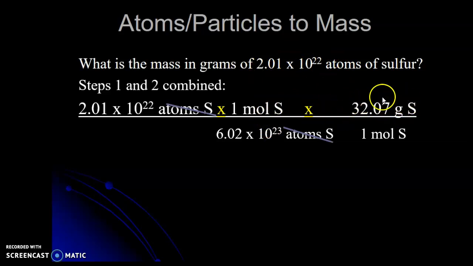And then the molar mass of sulfur is 32.07 grams, so that your moles of sulfur will cancel the mole of sulfur. So what you have left is 2.01 times 10 to the 22nd power times 1 multiplied by 32.07 grams of sulfur divided by 6.02 times 10 to the 23rd atoms of sulfur. Then we cancel out, multiply the top, divide by the bottom, and we get 1.07 grams.